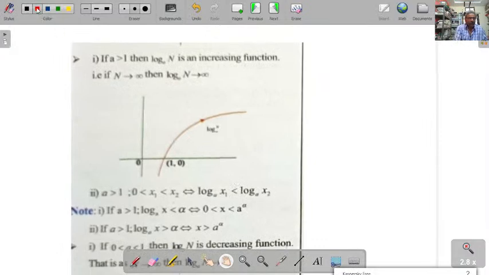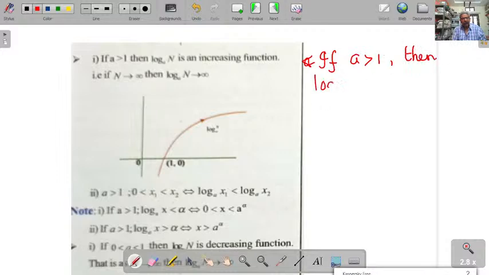See, for example, here if a greater than 1, then log n to the base a is an increasing function.